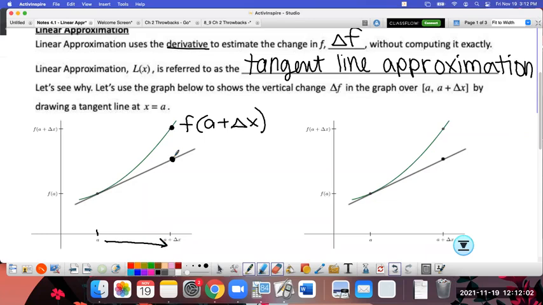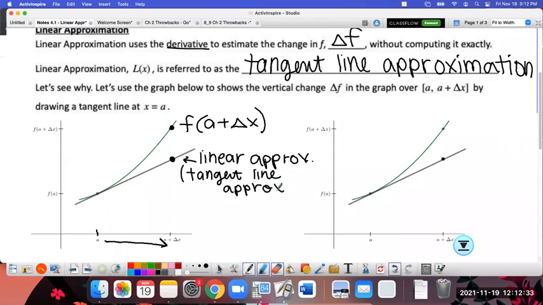So right here, this is the value that our tangent line is approximating f of a plus delta x to be. So if we were to plug a plus delta x into that tangent line equation, that would be the output that we would be approximating f of a plus delta x to be. So I'm going to say that that is linear approximation, or the tangent line approximation, of f of a plus delta x.